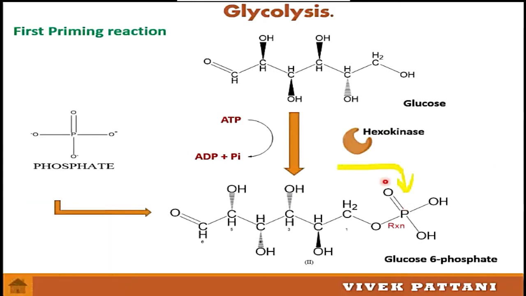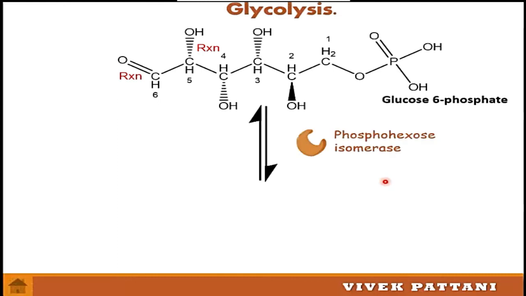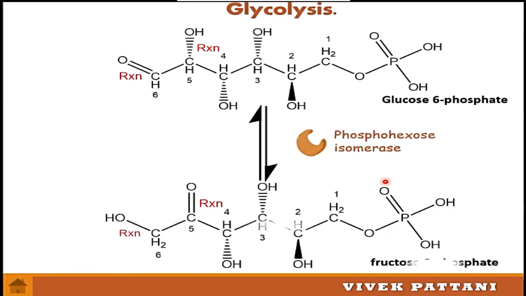This is how a glucose 6-phosphate molecule is formed.